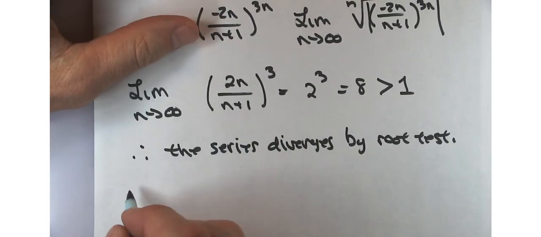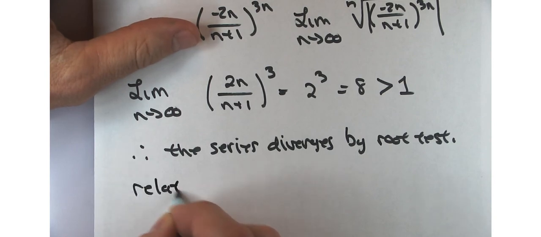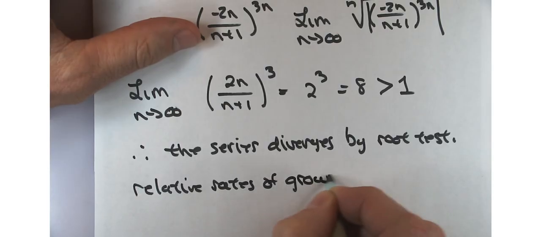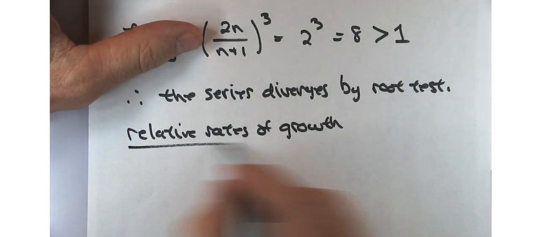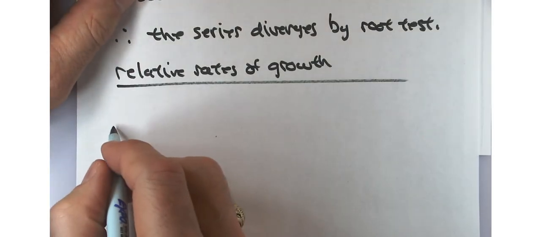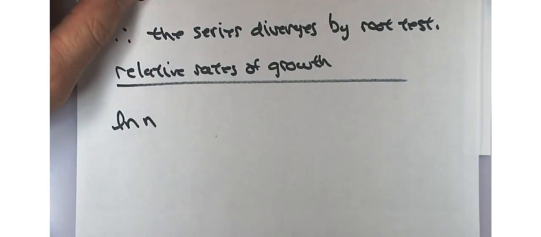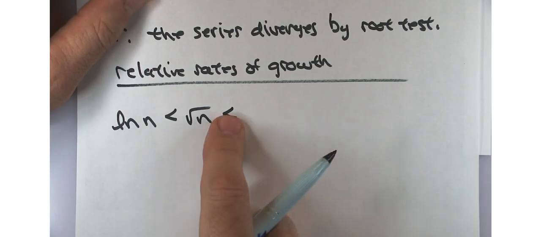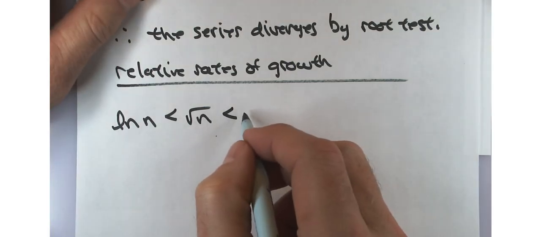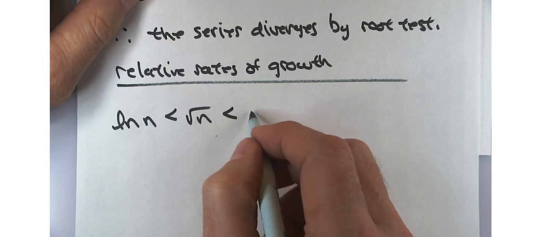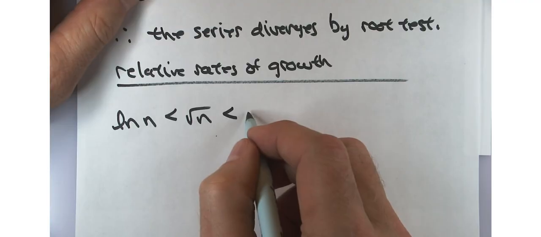So, relative rates of growth. There's kind of a pecking order. On the pecking order, your slow end would be the natural log of something. And then the square root of something. And that's smaller than, let's see, I don't want to put n to the n.